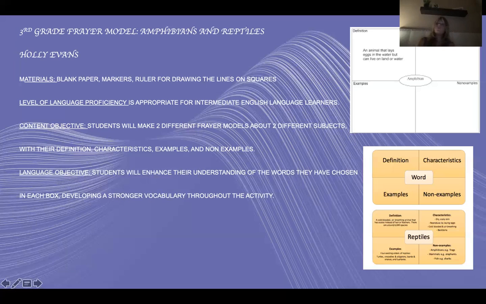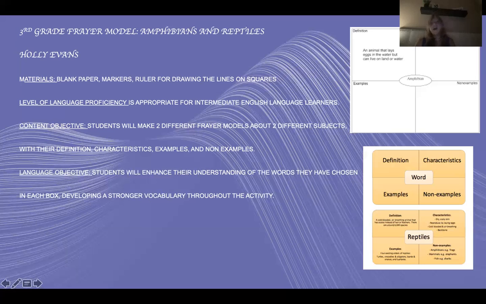Characteristics. And then the third box, I want y'all to grab a third different color marker and write down examples. And then the fourth box, I want y'all to write down non-examples with a fourth different color marker.